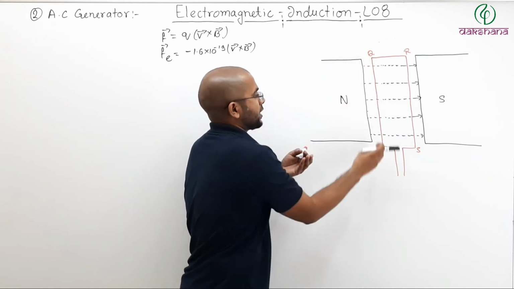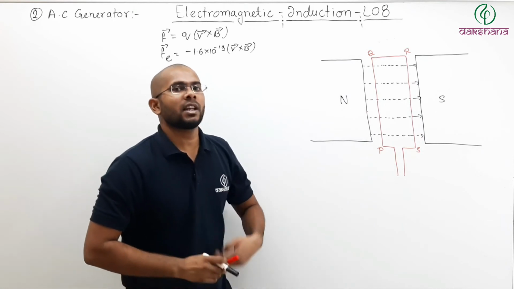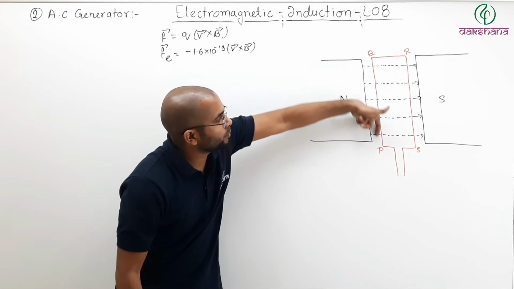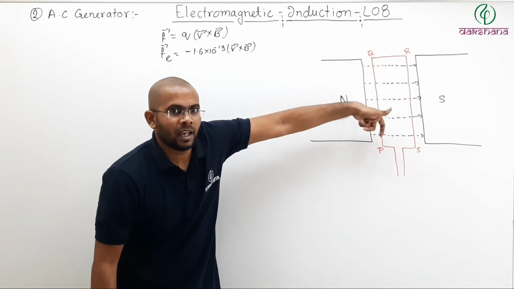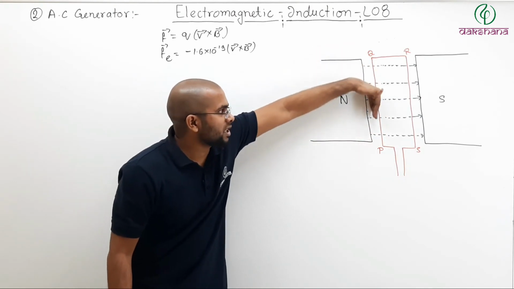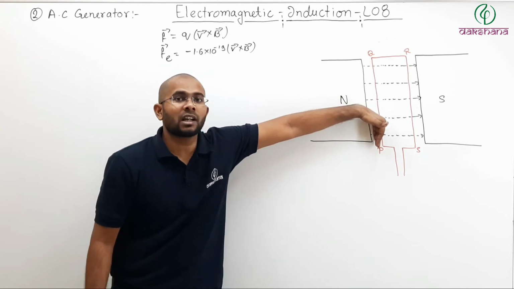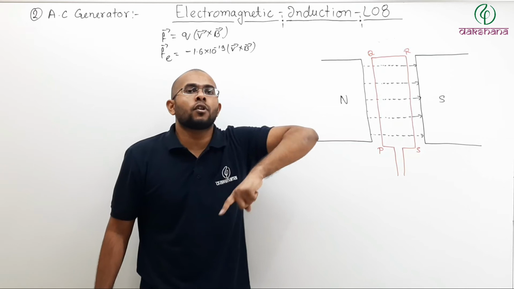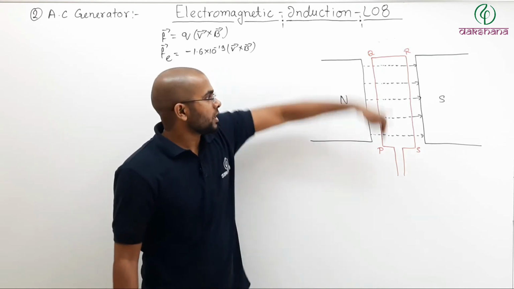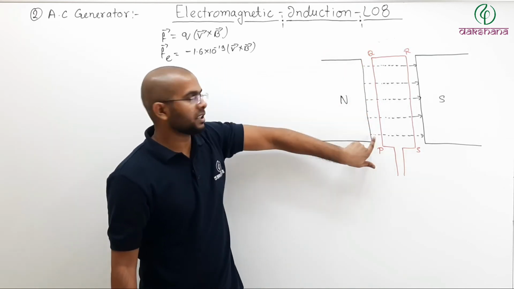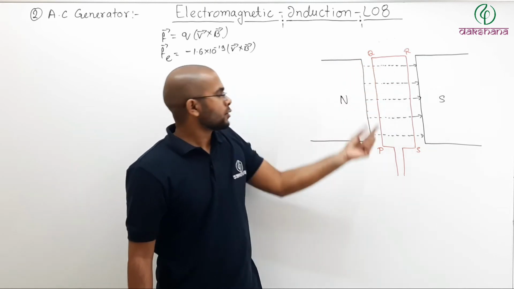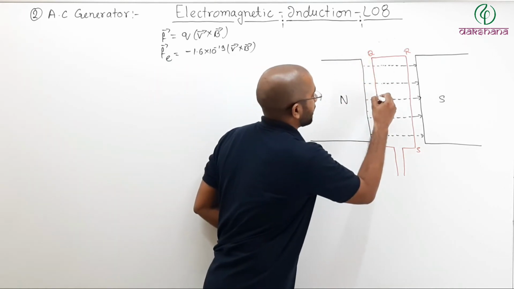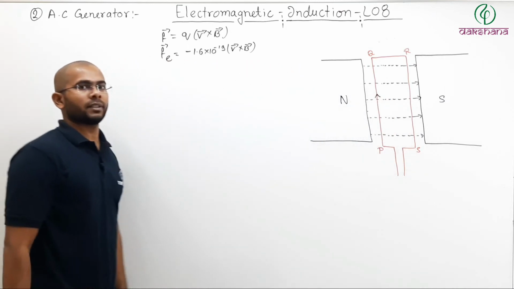So in this PQ wire, electrons experience force from Q to P. And if electrons move in this direction, in which direction is the current? Remember, current is the direction of flow of positive charge. So if the electron is flowing down, then current should flow up. In the PQ arm, current flows like this.